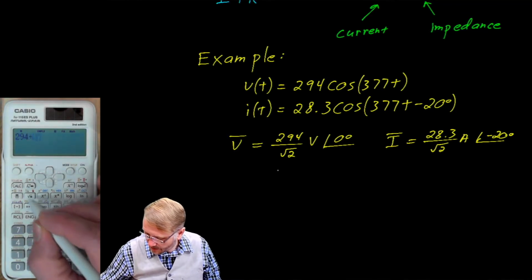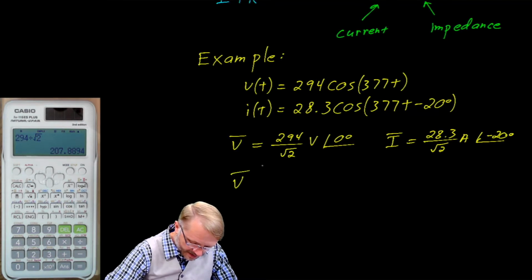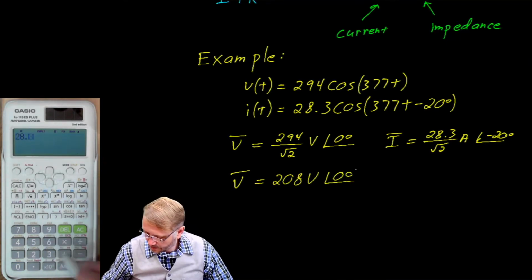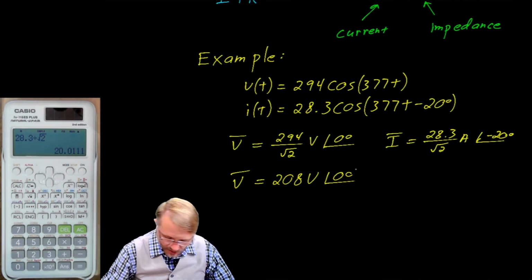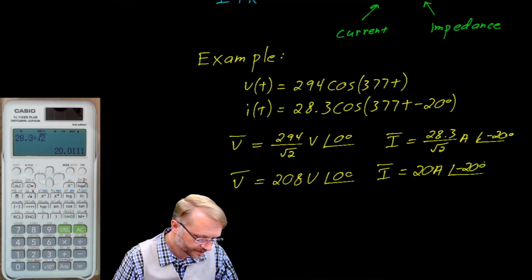294 divided by the square root of 2 gives us a voltage of 208, again at a phase angle of 0 degrees. Our current is 20 amps at a phase angle of negative 20 degrees.